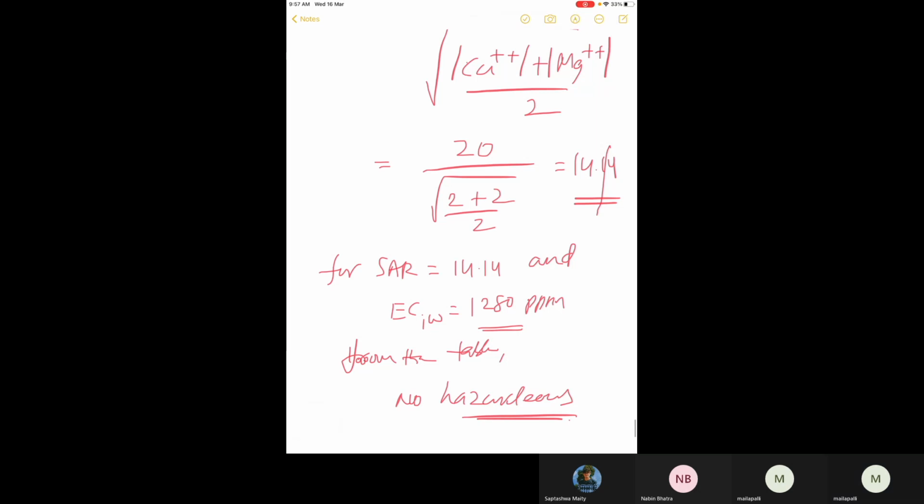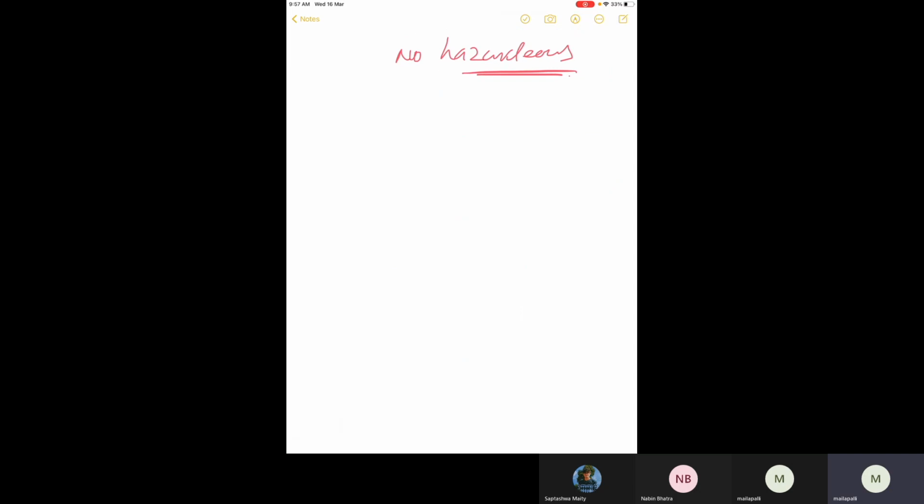Okay, and the last is, what are the salinity management options? One is, if you see visually there is a deposition of salts on the surface, so you can remove surface soils.